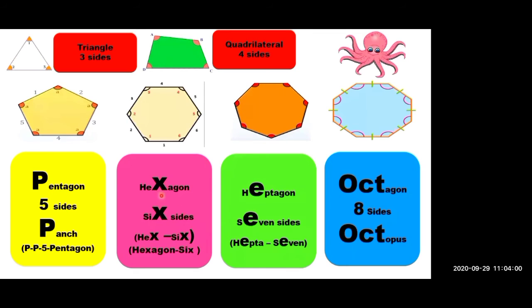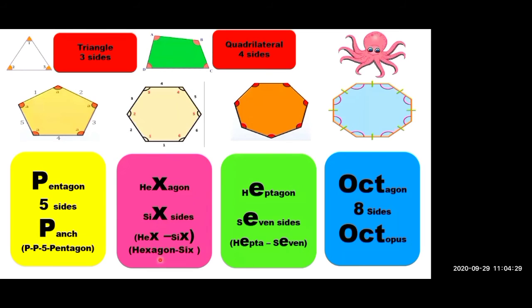Okay. So in the spelling of hexagon, third letter is X. Hexagon. X. And in 6, third letter is also X. Six. So you have to remember letter X in both of these. Okay.